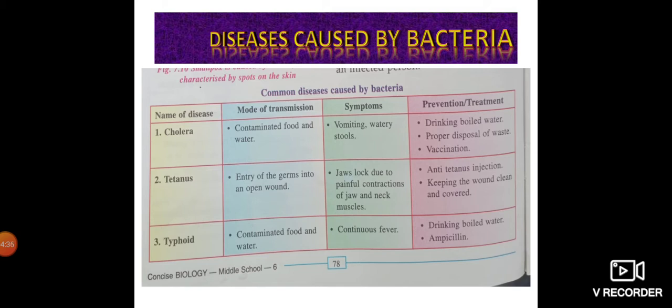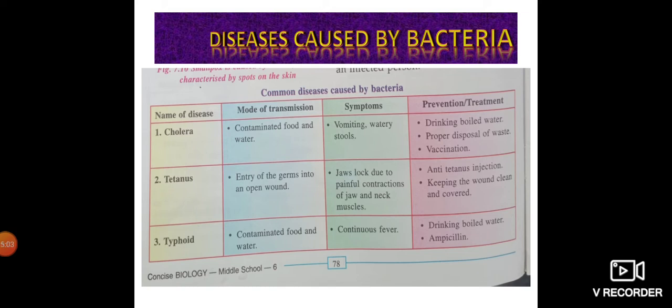So these are the symptoms of cholera: vomiting and watery stools, whitish rice water color. It spreads through contaminated food and water. We can prevent it by drinking boiled water, proper disposal of waste, and vaccination.